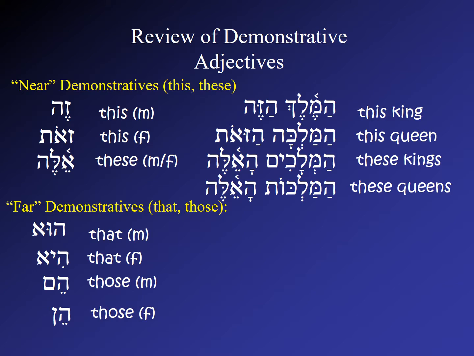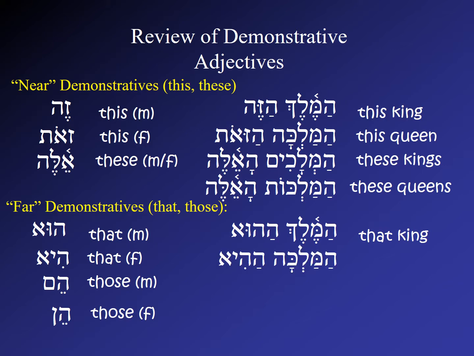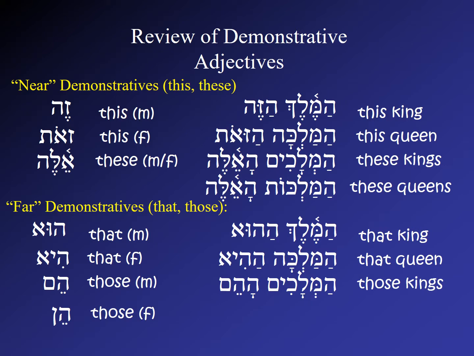So, for instance, we can say hamelech hahu, which means that king. We can say hamalkah hahi, which means that queen. We can say ha-melachim hahem, which means those kings. And we can say ha-malkot hahen, which means those queens.